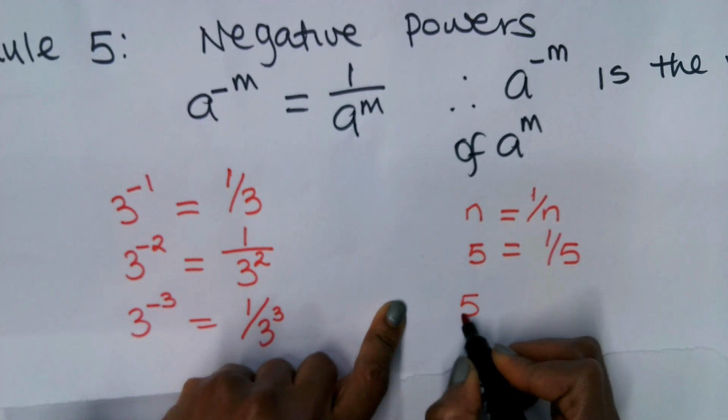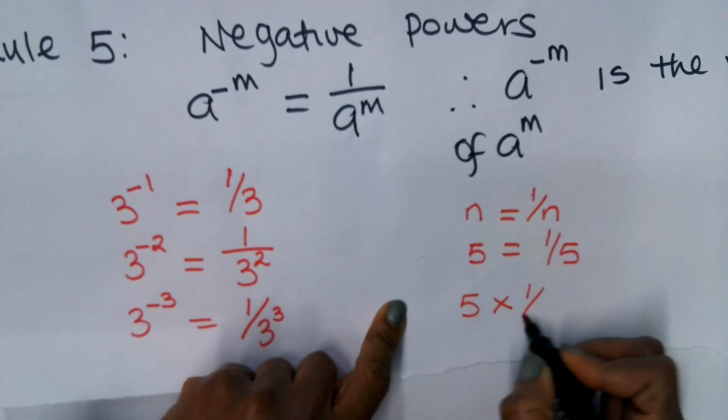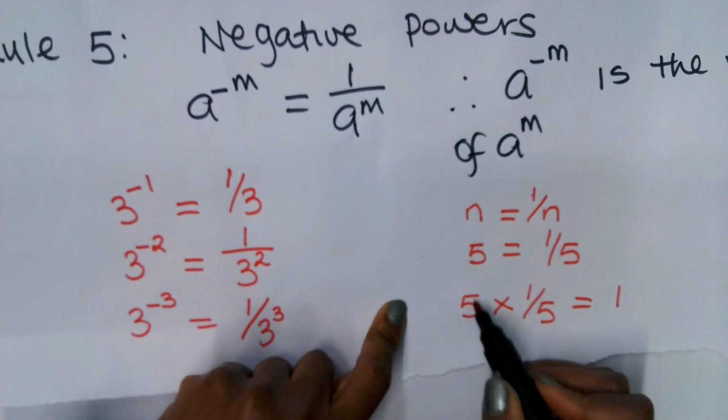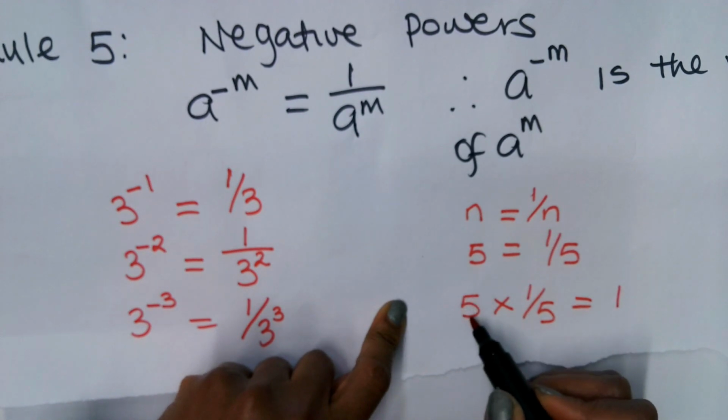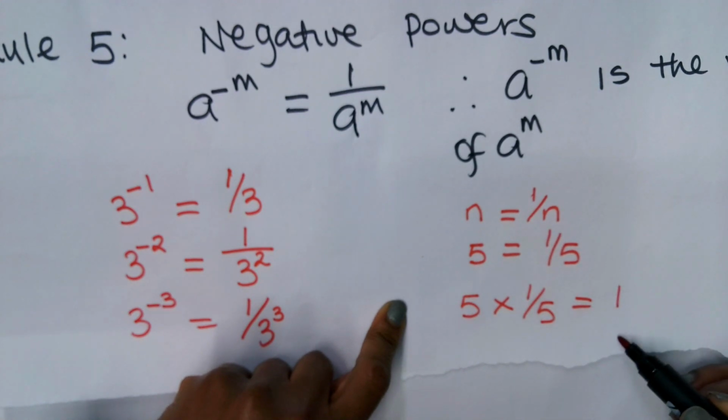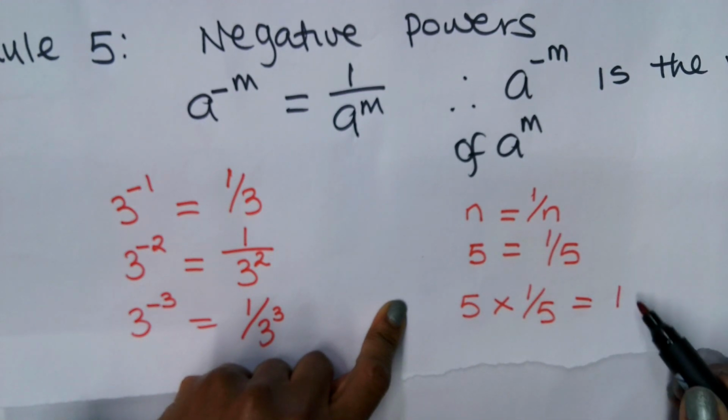So 5 multiplied by its reciprocal gives me 1. Because let's assume if we put this in fraction, it's going to be 5 over 1 multiplied by 1 over 5. So if we multiply out, we'll have 5 over 5. And 5 over 5, which is 5 divided by 5, is 1.